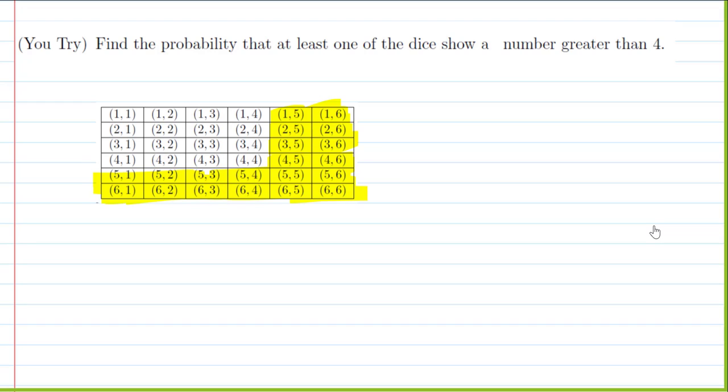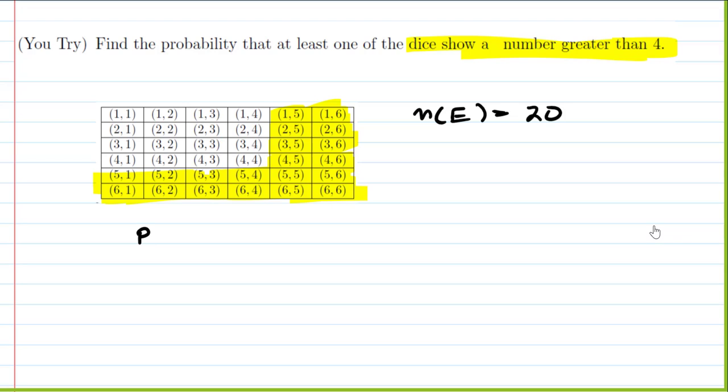So now looking at our table, if this is our event E, the number of things in our event E is going to be 1, 2, 3, 4, 5, 6, 7, 8, 9, 10, 11, 12, 13, 14, 15, 16, 17, 18, 19, 20. So the number of things in E is 20.